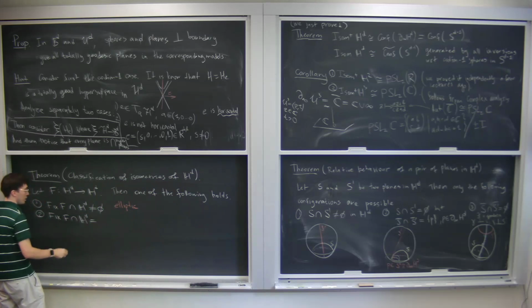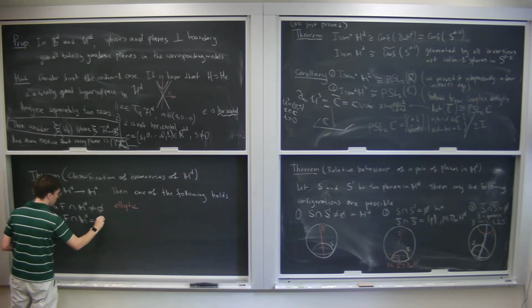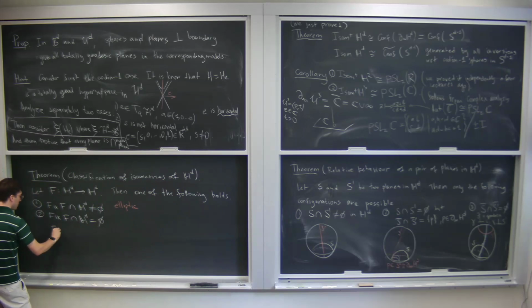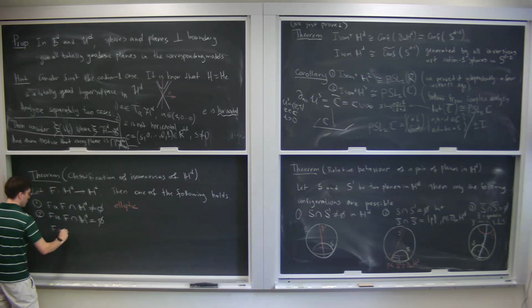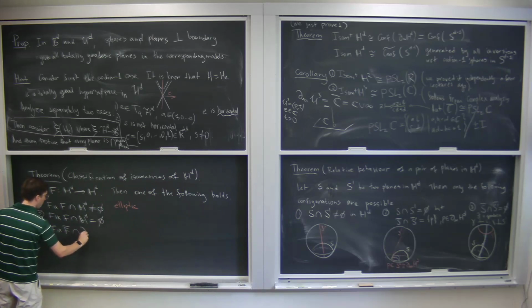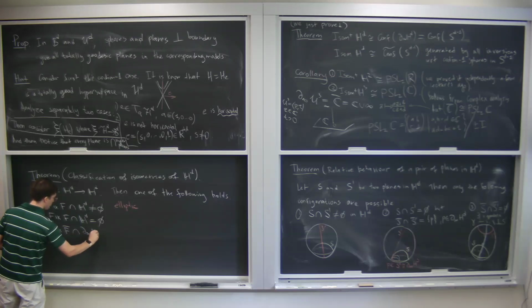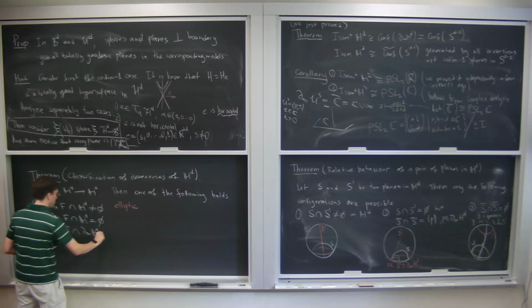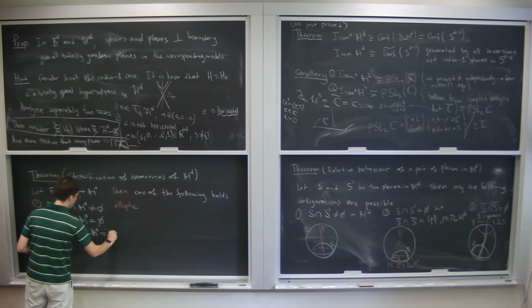So the second case is that the fixed point set of F in HD is empty, but the fixed point set of the extended F with the boundary is just one single point.